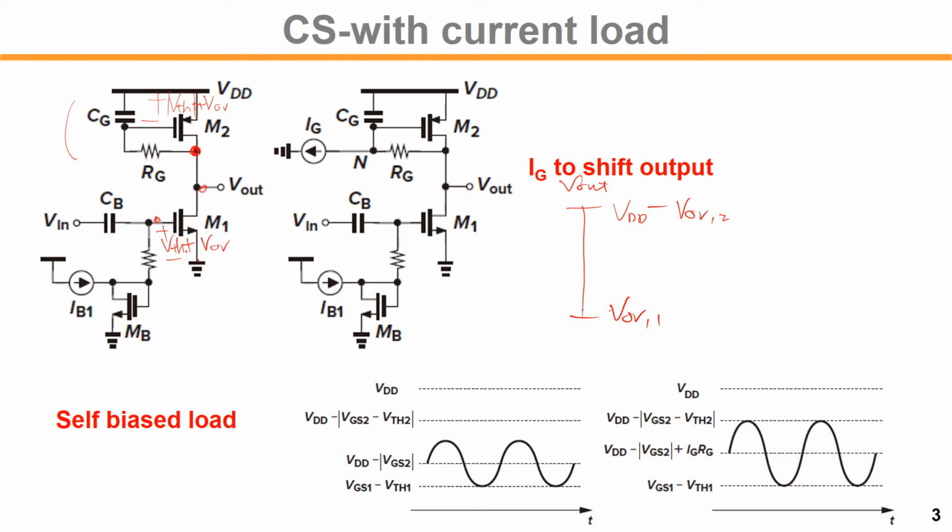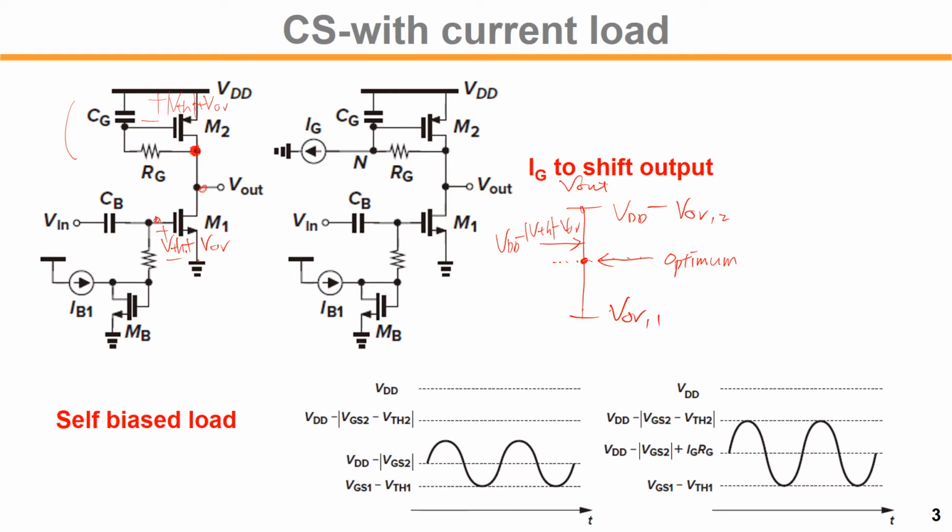So for proper bias, the optimal common mode bias level will be exactly in the middle of this range. This is the optimum. But in reality, in this self-bias load, the output common mode is biased at VDD minus VTH minus overdrive, right?